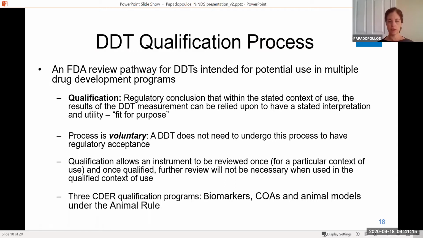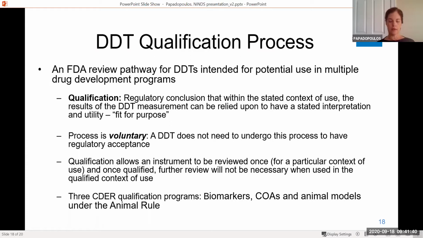Qualification is simply a regulatory review process for drug development tools and is completely voluntary. If a tool has been qualified, it means that within the stated context of use, the tool can be relied upon to have a specific interpretation and application in drug development and regulatory review.